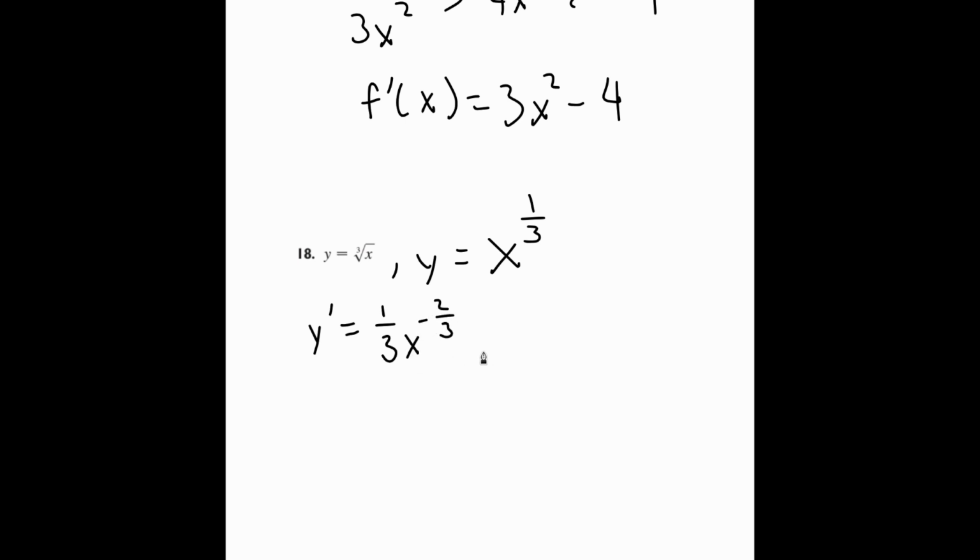Now, depending on the teacher, we could either leave it like this, or we would have to simplify it. In the simplified form, we would just write it as 1 over 3 times x to the power of 2 over 3, with x brought down to the denominator. I just brought it down because the exponent in the previous equation had a negative sign. So to remove it, we just brought it down.